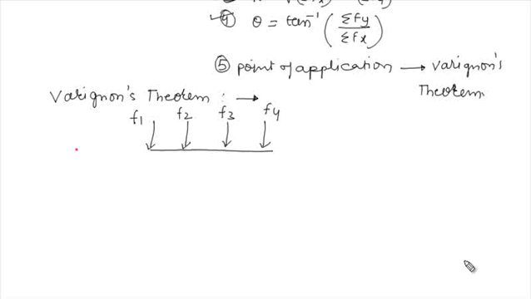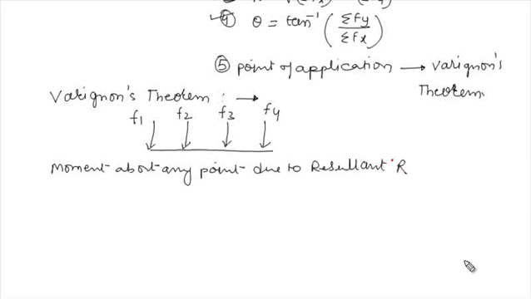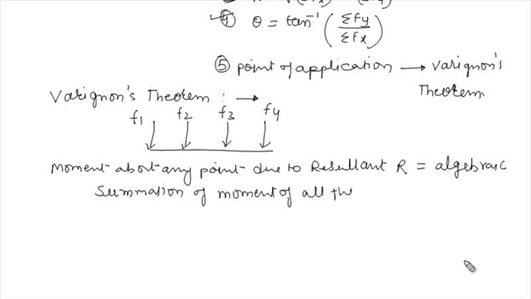So Varignon's theorem is saying the moment about any point due to the resultant R is equal to the algebraic summation of moments of all the forces about the same point.